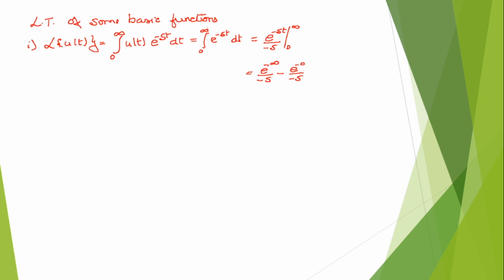E to the power minus infinity is 0, so the first term becomes 0. E to the power minus 0 is 1, minus of minus, so it is 1 by s. So the Laplace transform of u of t equals 1 by s.